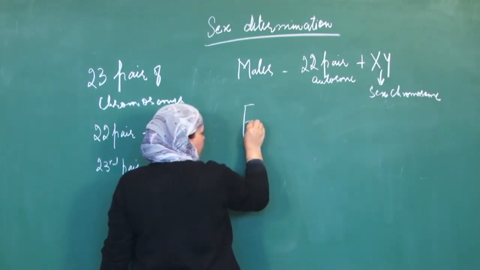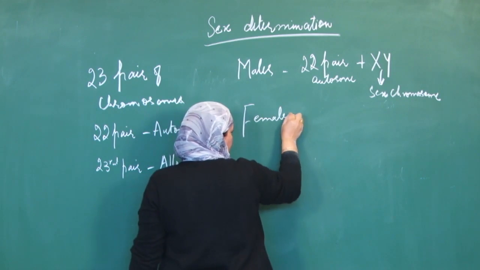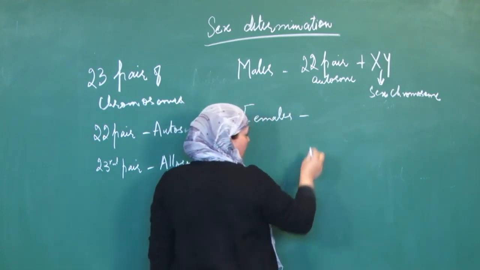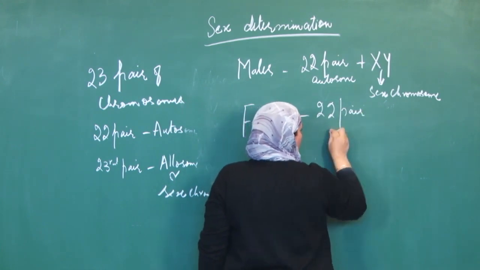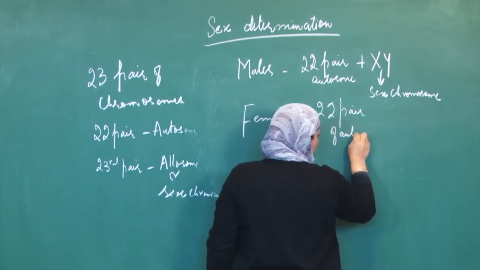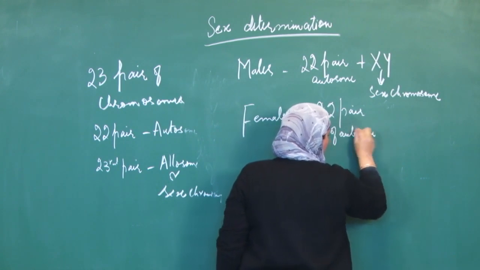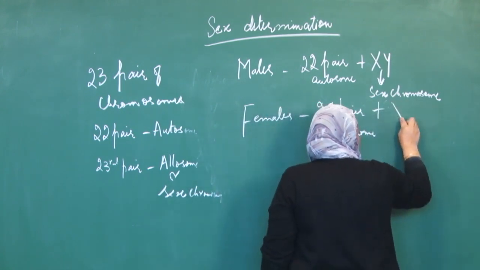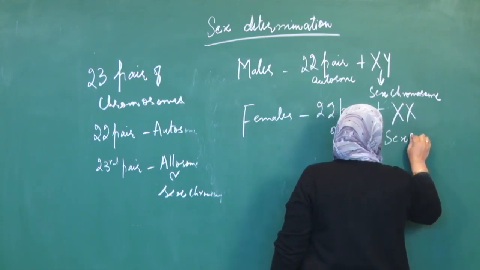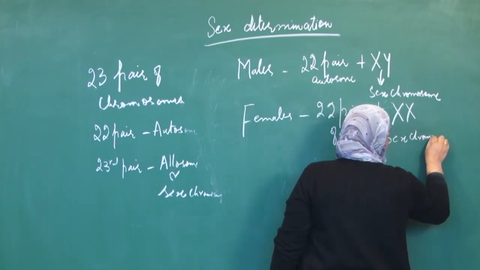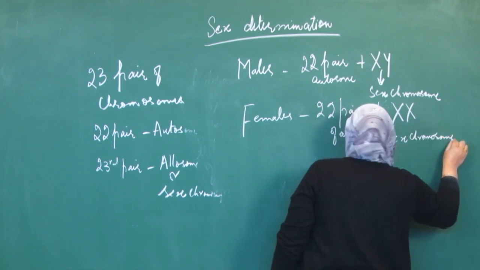Females again have 22 pairs of autosomes plus XX, which is the sex chromosome in females.